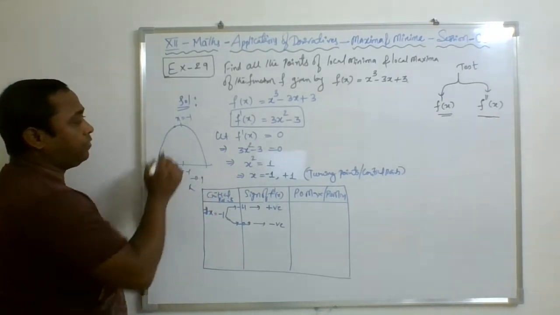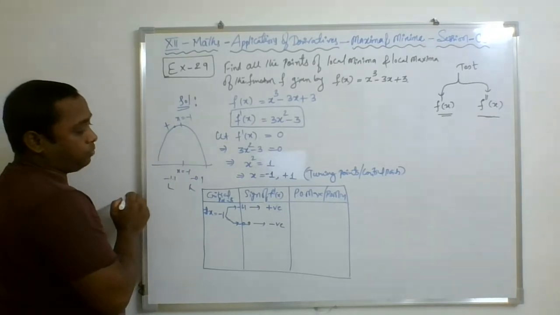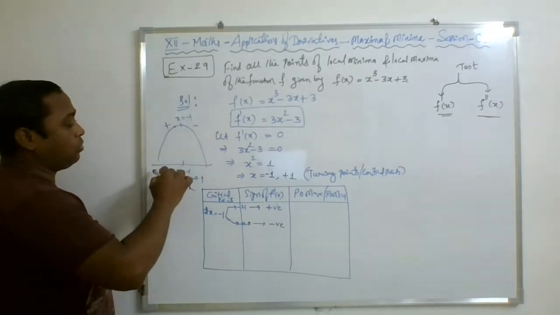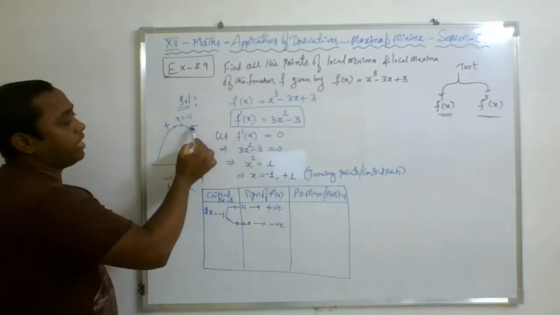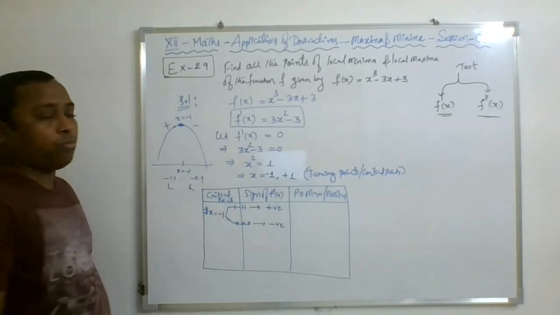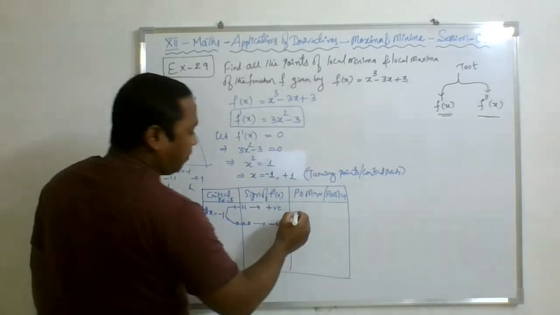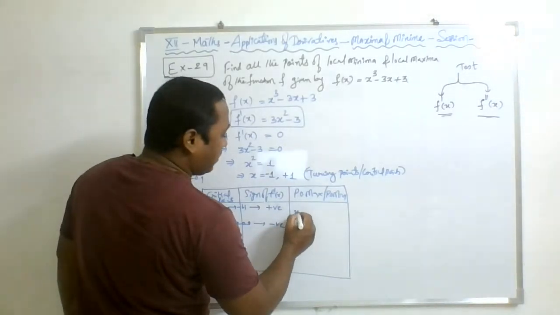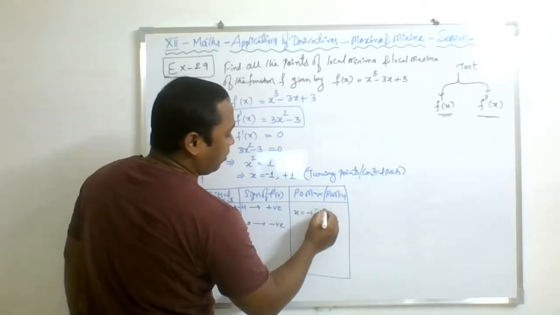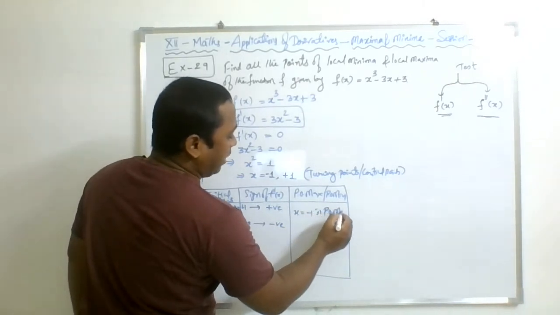What you have observed is that the derivative sign is positive and then negative. So positive means it increases, negative means it decreases. Hence this point is called point of maxima. So we can decide x is equal to -1 is the point of maxima.